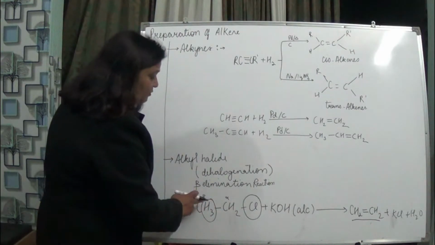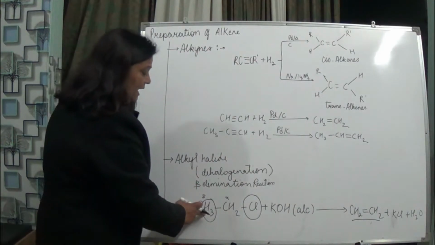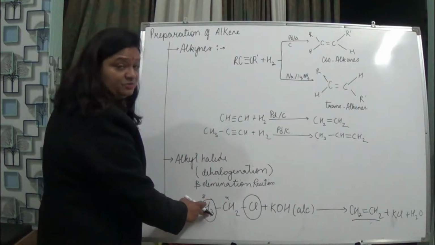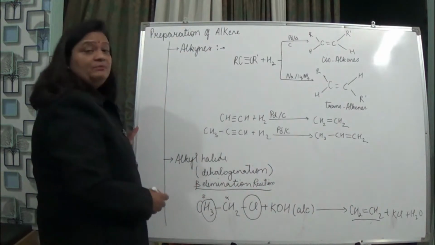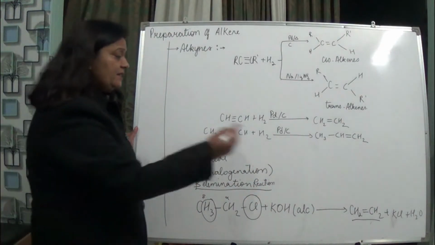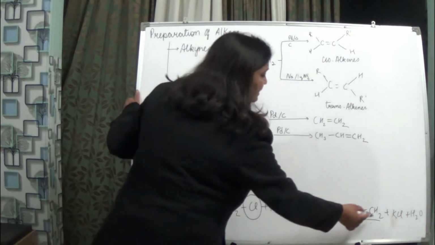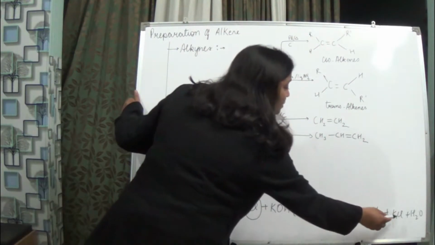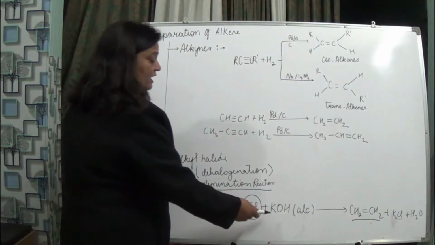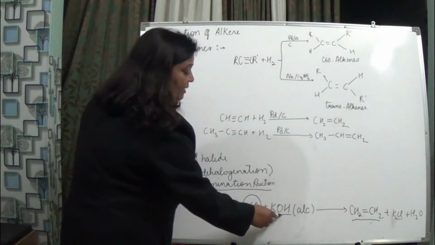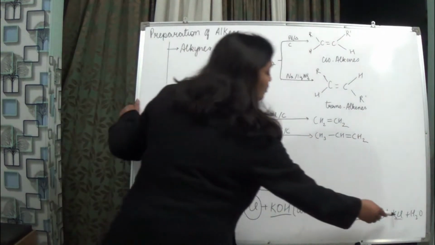From the beta position this hydrogen has been removed, so it is known as a beta elimination reaction, thereby forming the alkene. The chloride removed forms potassium chloride as we have added potassium hydroxide, and water is given out.